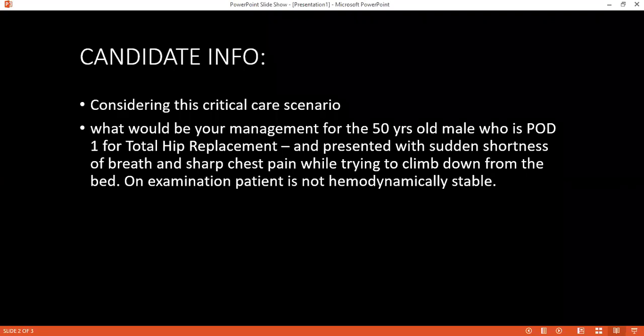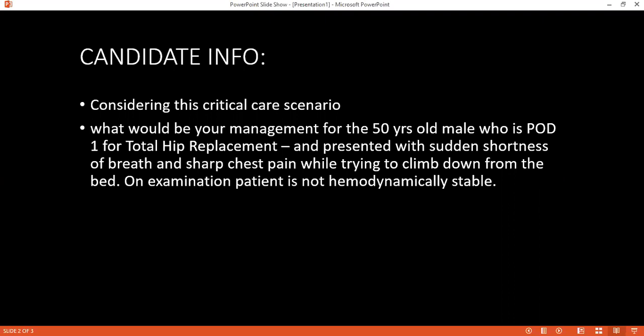What investigations would you ask to be carried out immediately? I will carry out CTPA immediately, which is the gold standard. Other than that, I will do chest X-ray, ECG, complete blood count, D-dimer, a ventilation perfusion scan, and ABG also.